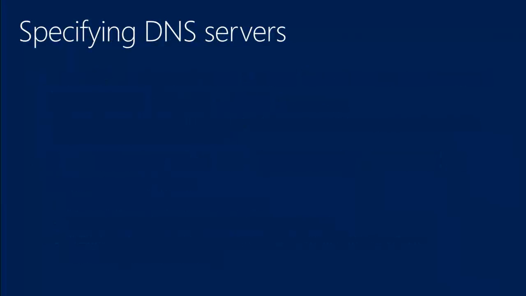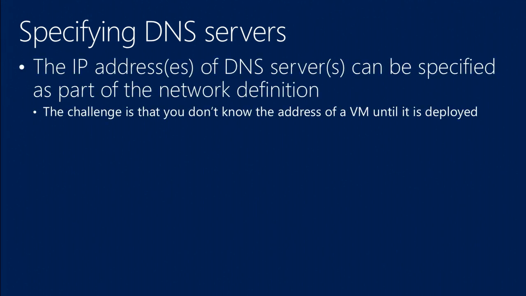So how do we specify our DNS servers? We need to do it as part of the network definition, all right? It's a bit like with DHCP, where you specify the address range and your DNS servers. So when we create a DNS server as part of the definition, it's a bit like doing it in DHCP.